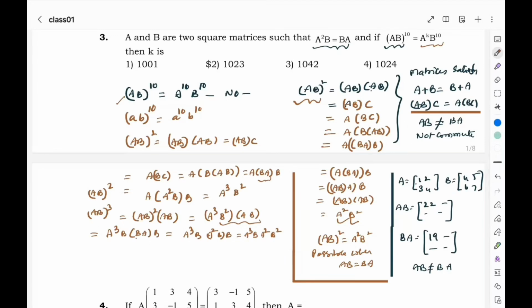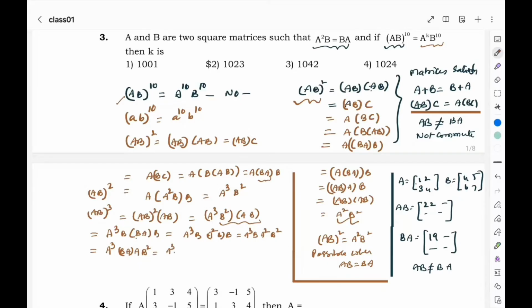Same associative properties. Here still I want the A power K format. So this B also I have to move to the right side. Then I can write A cube BA of A into B square.